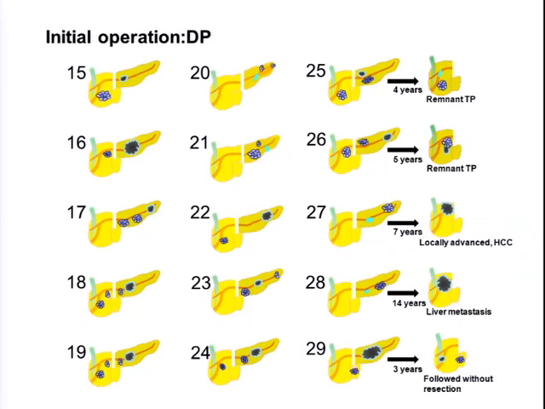In patient number 27, we found a carcinoma in situ during workup of an IPMN in the tail of the pancreas. We did distal pancreatectomy, but he developed advanced cancer again 7 years later. So the development of a new carcinoma in the pancreas remaining after resection of IPMN is another concern in the management of IPMN patients.